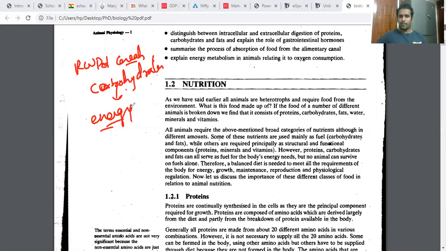Carbohydrates generally provide ready-made energy to us, and this is one important biomolecule in our body. All these are also called biomolecules.